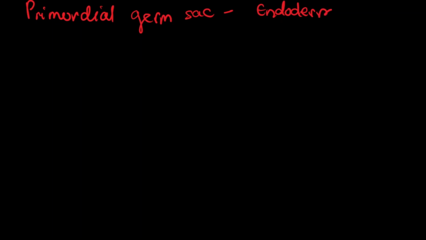So first we had the primordial germ cells arising from the endoderm of the yolk sac. And then these primordial germ cells, because they are at a location away from the developing ovary, would have to migrate.